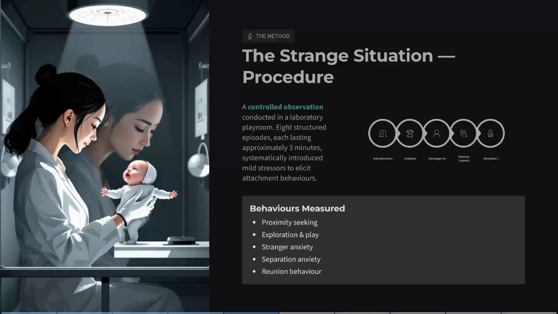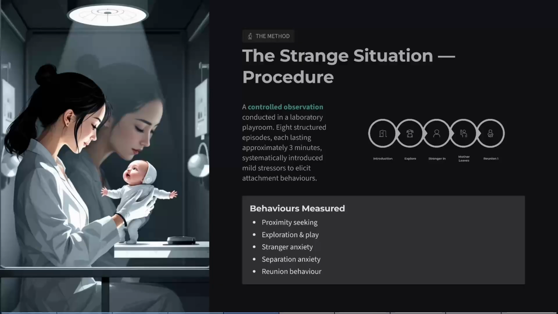The mother and infant are introduced to the playroom by the experimenter and left alone. Episode 2, the mother and infant are alone. The infant is free to explore the playroom with the mother present. This establishes the baseline. How does the infant use the mother as a secure base for exploration?